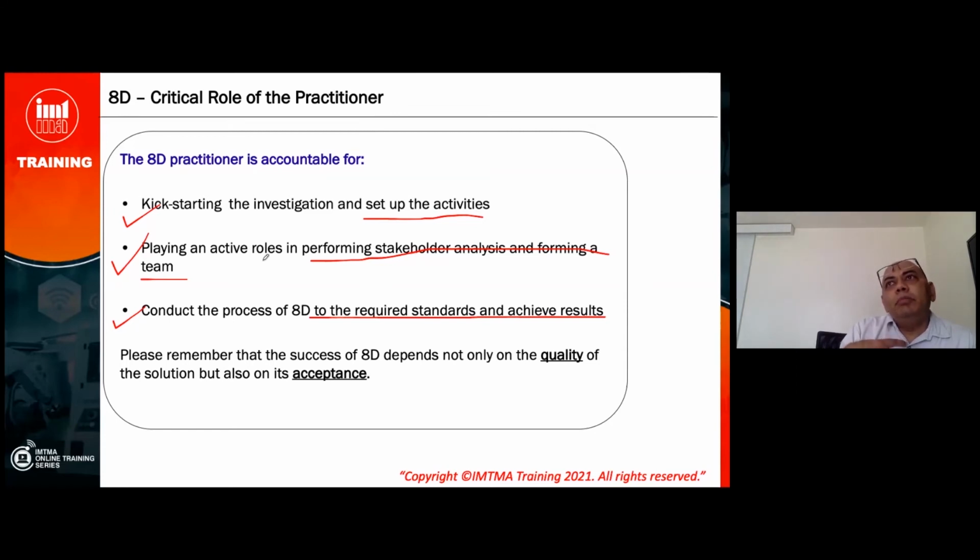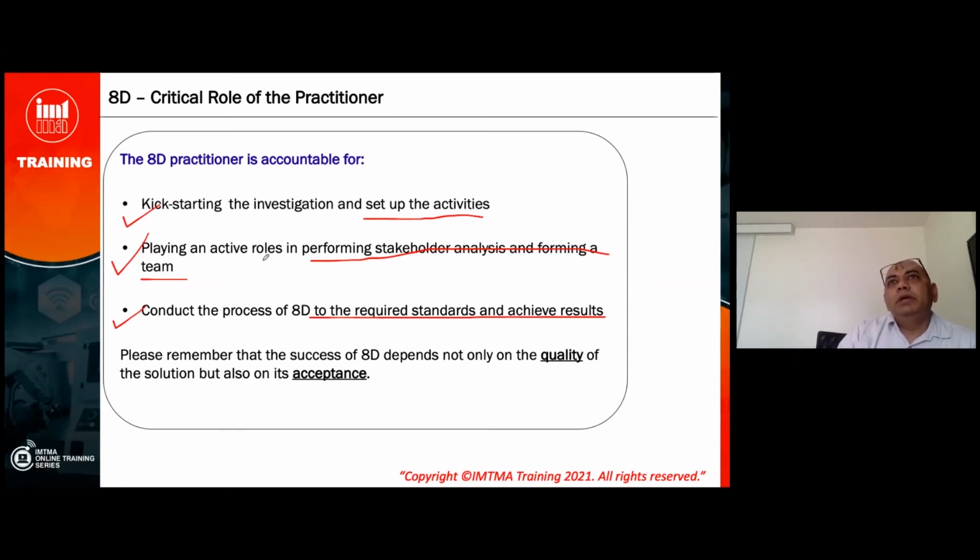It is a problem between you and the person you are supplying the machine or the part to, or you and the suppliers. So there is involvement of two or three parties, and also other vendors who are supplying to suppliers or to you. So the conduct of the process of 8D is even more important.